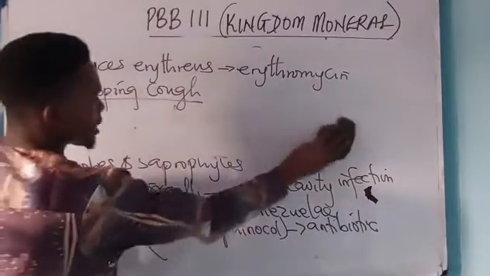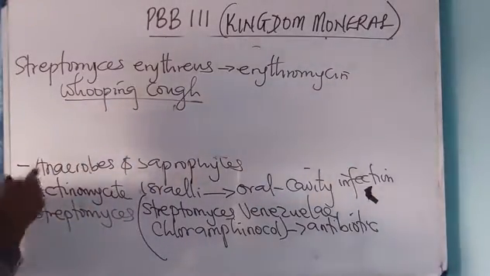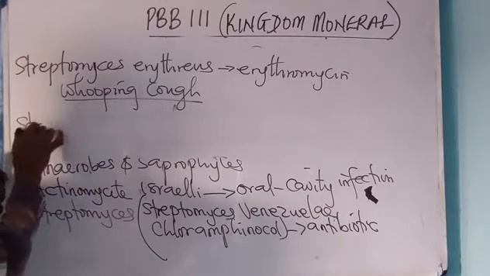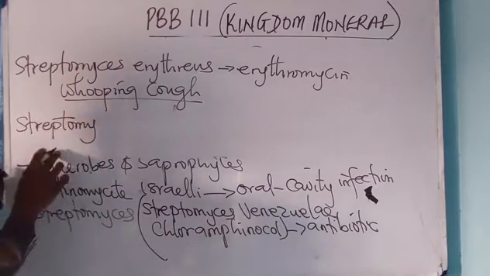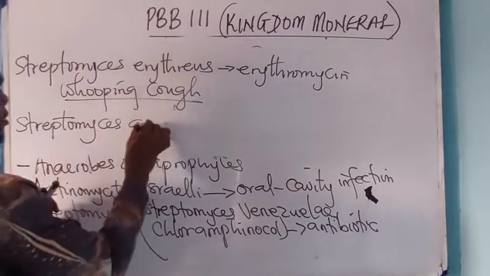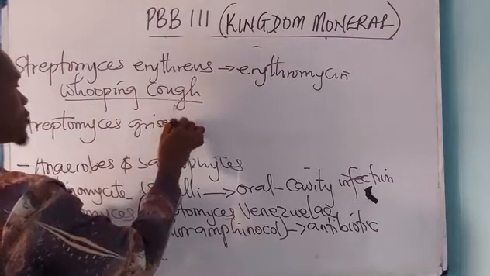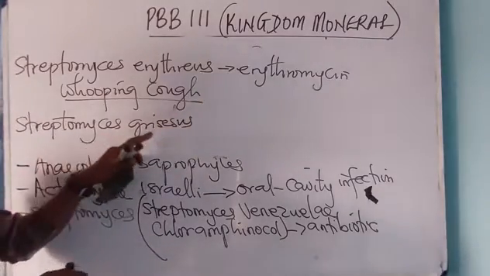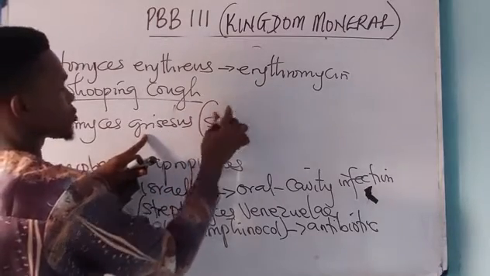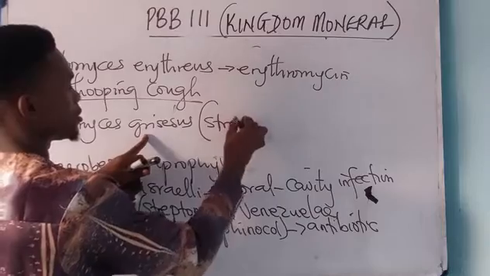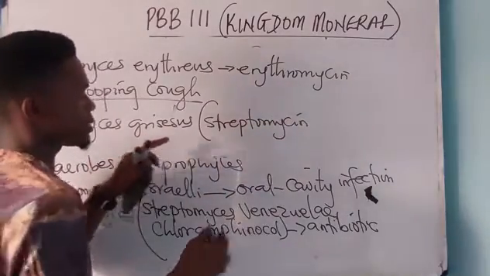You now also have another type of bacterium called Streptomyces griseus. It produces what is called streptomycin. And this streptomycin is what?